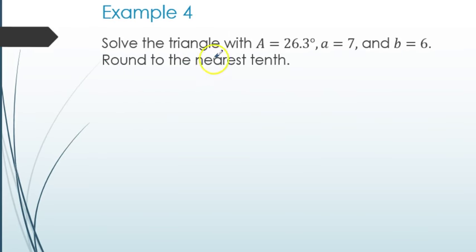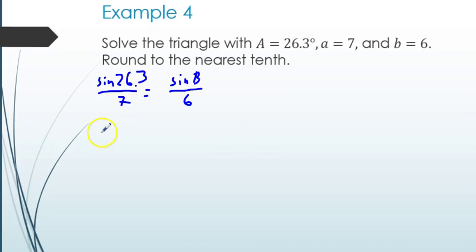Next situation, same thing. I have one angle and two sides. So I'm going to have to go through setting up law of sines again. I'm going to have sine of 26.3 over side A, and we don't know what angle B is, but we do know that the side is 6.